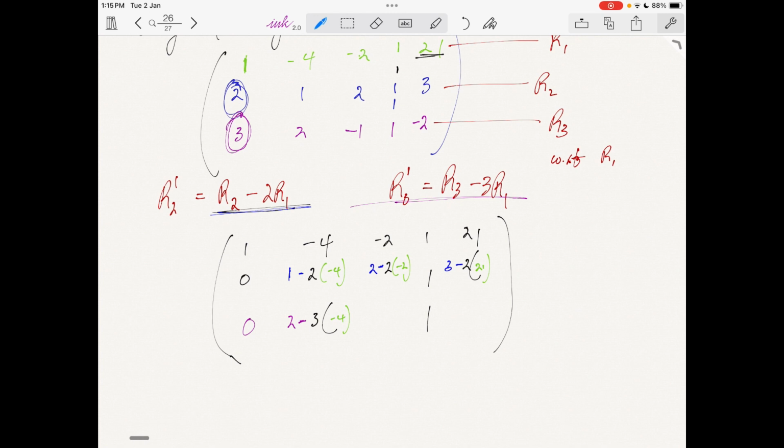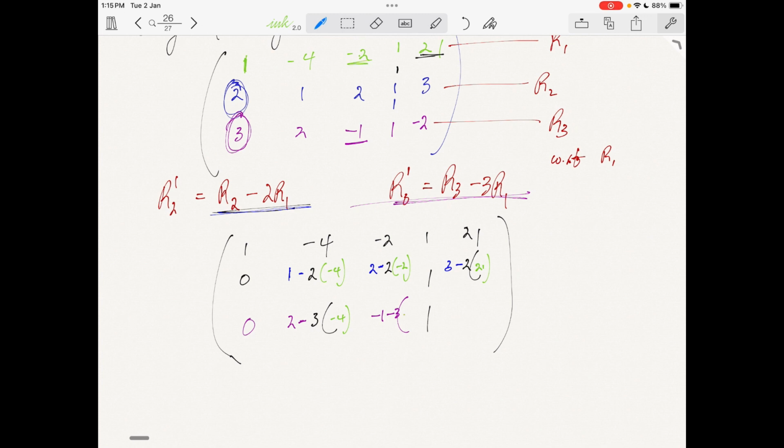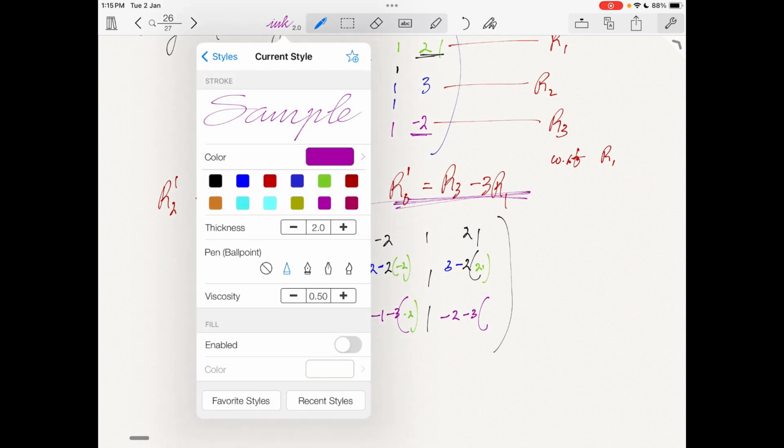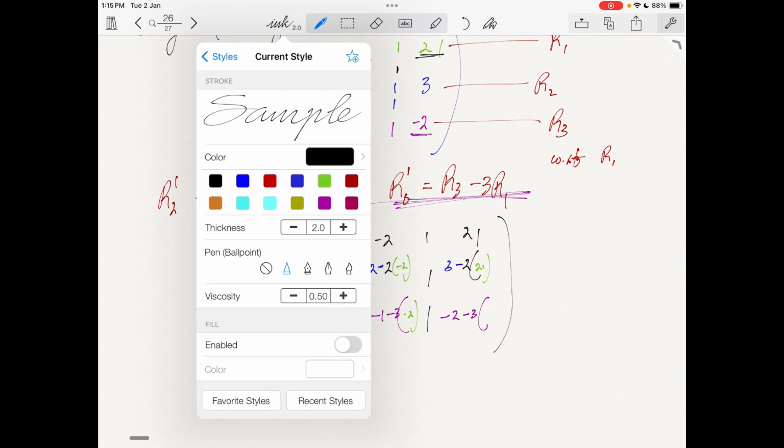We're considering row 3 minus 3 multiplied by row 1, and row 1 is minus 2. And finally, row 3 minus 3 row 1, that's minus 2 minus 3 multiplied by row 1, that's 21.